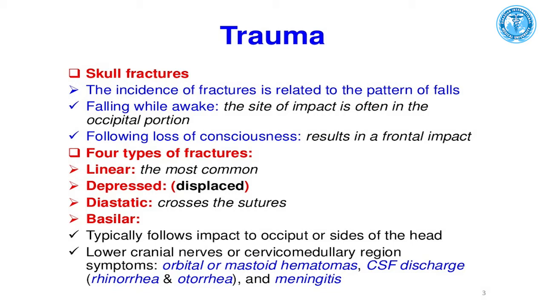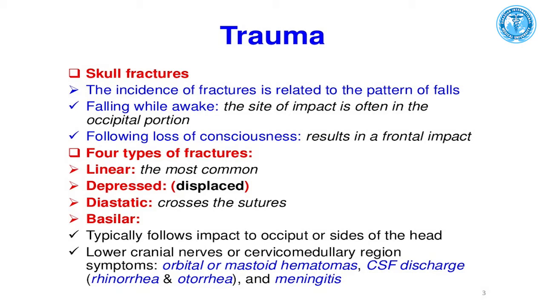There are 4 types of fractures. First, linear fracture, the most common. Next, depressed fractures, diastatic fractures, and basilar fractures. Basilar fracture typically follows impact to the occiput or sides of the head, affecting lower cranial nerves or the cervicomedullary region.